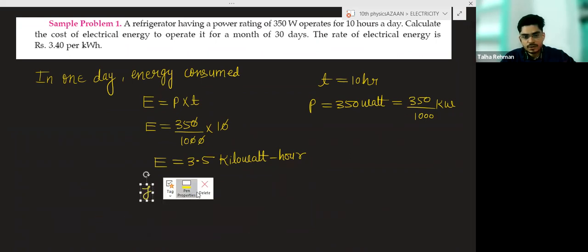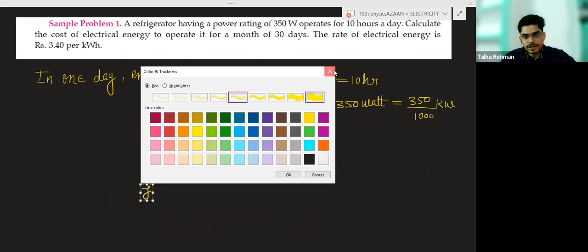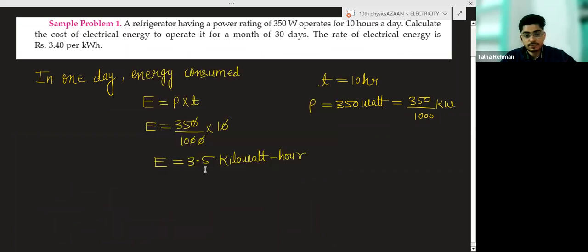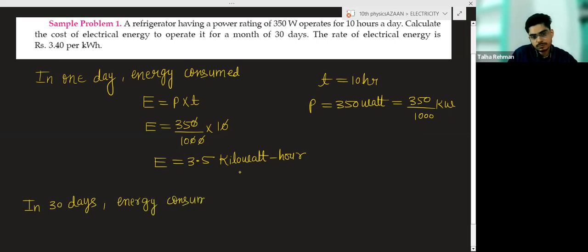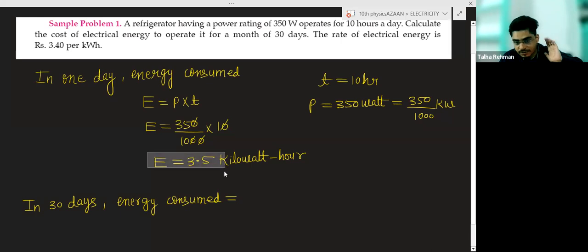So we have this much kilowatt hour energy in 1 day. Now in 30 days, the energy consumed by the refrigerator will be this multiplied by 30. This is the energy in 1 day.